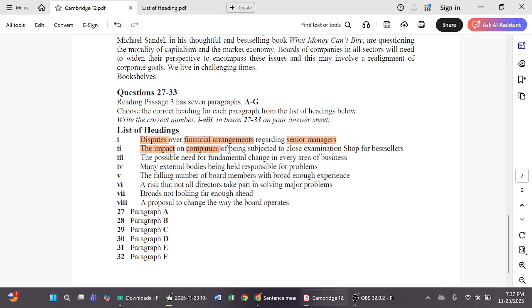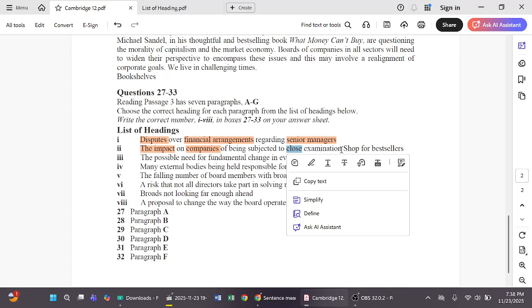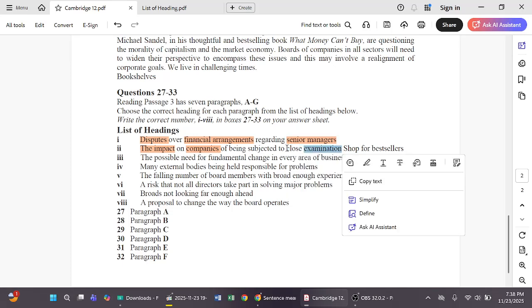Here we can see "of being subjected to close examination." Here examination doesn't mean a test; rather it is a survey or an examination by which they are trying to improve themselves or their organization. So it means the impact on companies of being subjected to close examination, such as a shop for bestsellers.